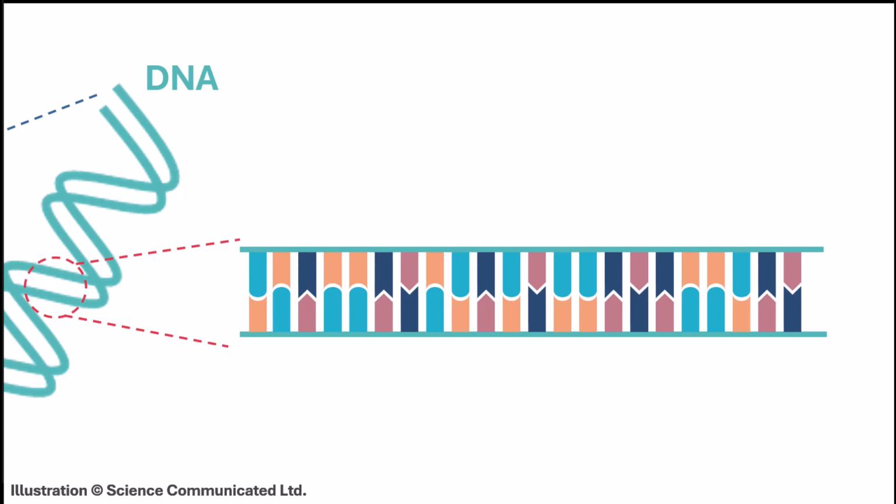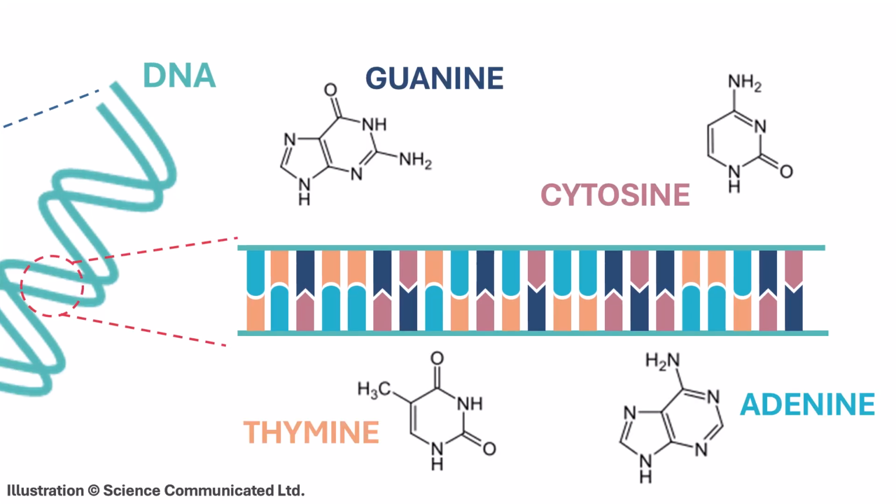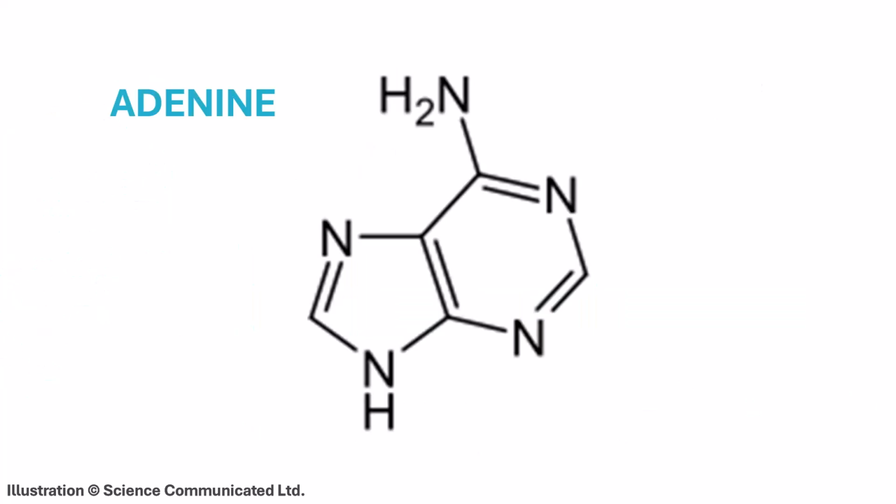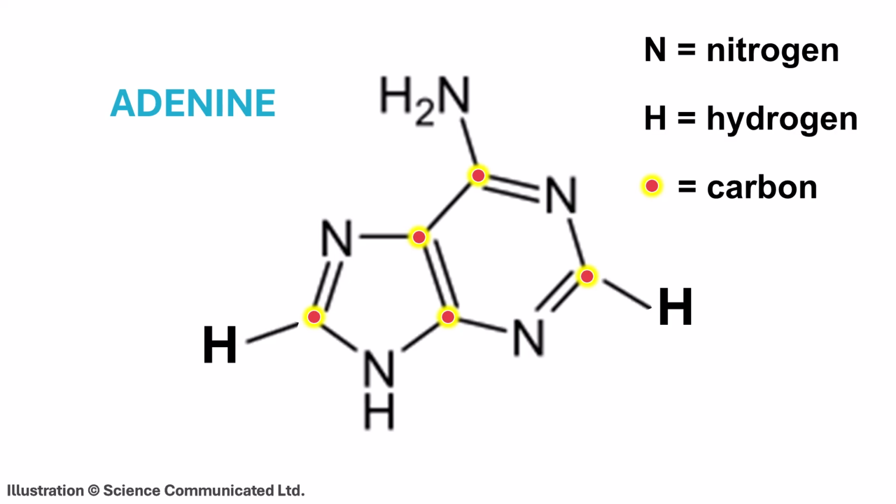There are 4 different bases: guanine, cytosine, adenine, and thymine. Each one has a unique chemical structure, but they're all pretty simple. Here's adenine. Chemists depict it like this, but it's a bit of a simplification because at each junction there's a carbon atom and there's also a couple of extra hydrogens.